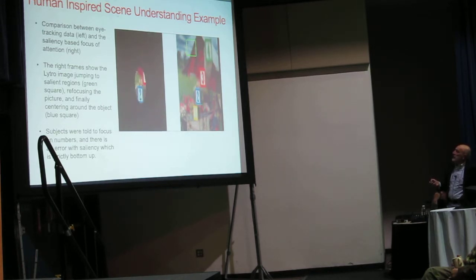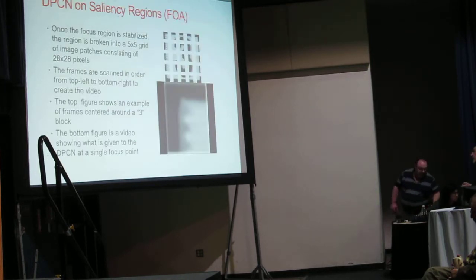Of course, we tell the user to look at the numbers, and the user just looks at the numbers. But our system does not have that information, so it does not have top-down information. It's going only bottom-up, and makes a mistake. But this is just to show you how the system is doing.